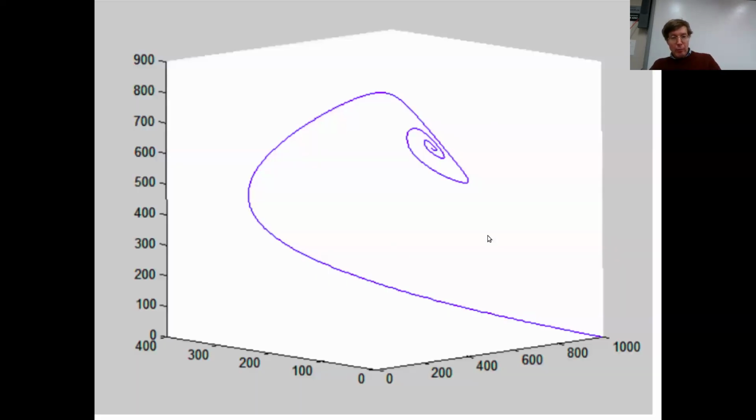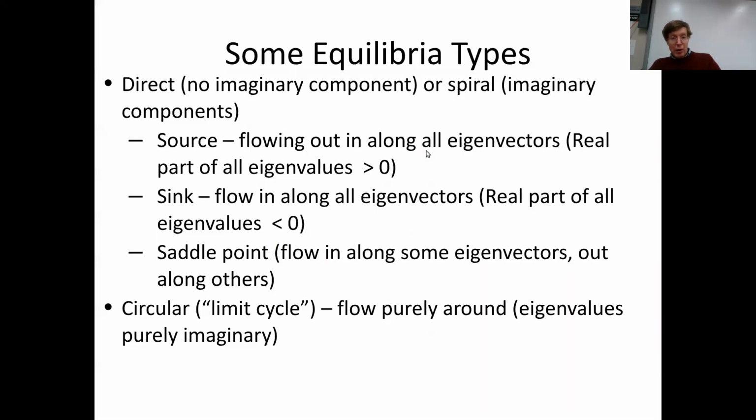And one can catalog and characterize the types of equilibria, but that would need to take into account the dimensionality of the ambient space around it.